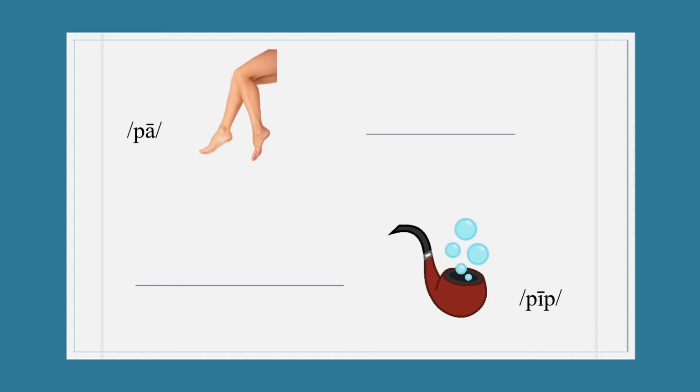Now let's take a look at the examples. Paw, leg, or foot. Both is correct in Farsi. Paw. So we write pe in the beginning and then we connect it to a because a in the middle should be connected from the right side. Paw. And then we have peep.